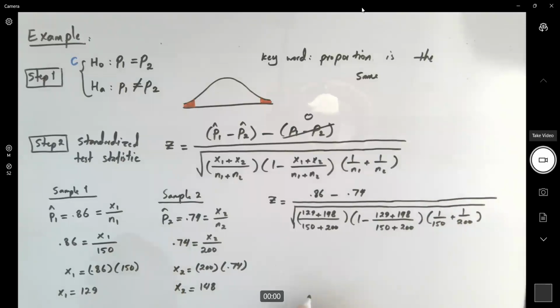Okay, very good. So z is approximately 2.73.